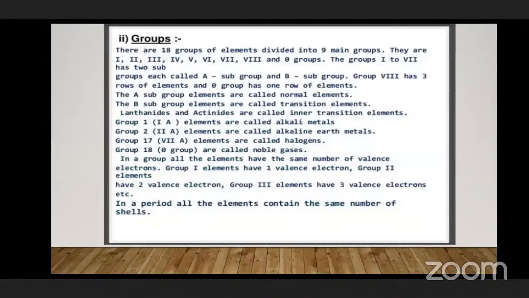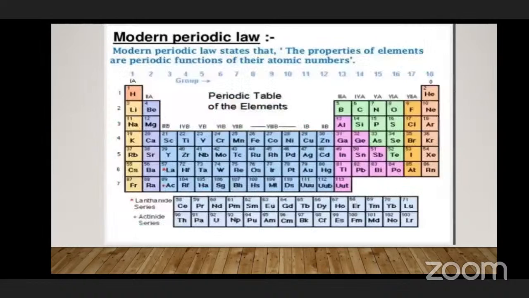Now the A subgroup elements are called normal elements and B subgroup elements are called transition elements. Look, 1A, 2A, 3A, 4A, 5A, 6A, 7A, these are A subgroups. What do we call these A subgroup elements? Normal elements. And B subgroup elements are transition elements.